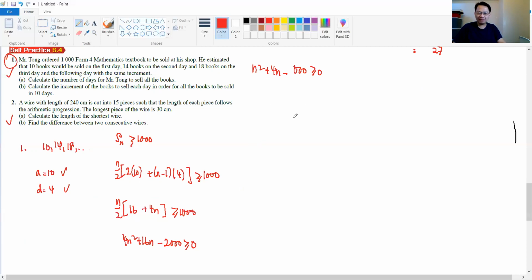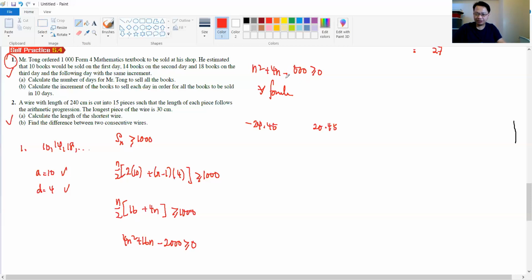Okay, so apply the formula here, right? So I just jump to the conclusion. The value of n, the roots that we are supposed to get from this inequality, with a equals 1, b equals 4, c equals negative 500, we are supposed to get two values: negative 24.45 after rounding off, and positive 20.45 after rounding off.